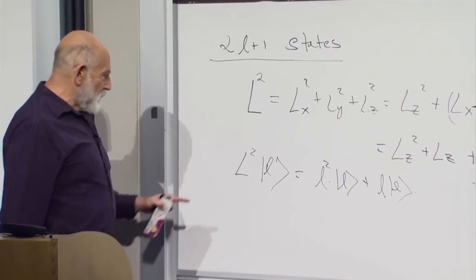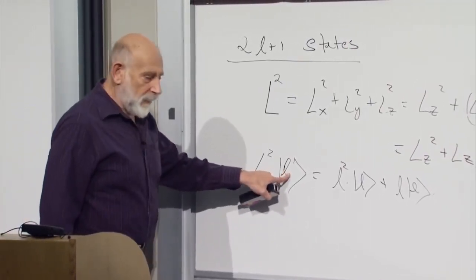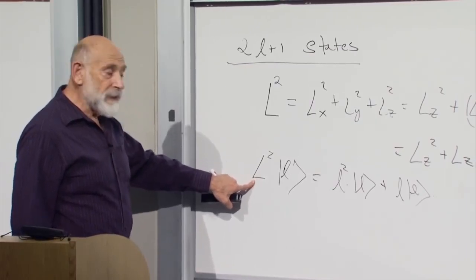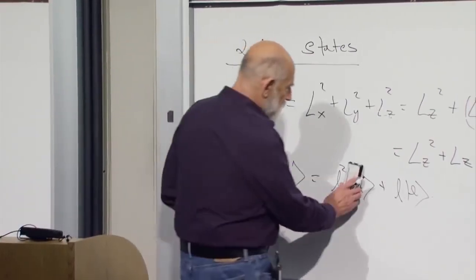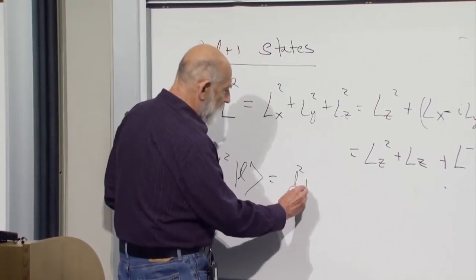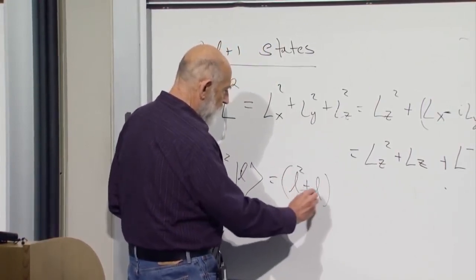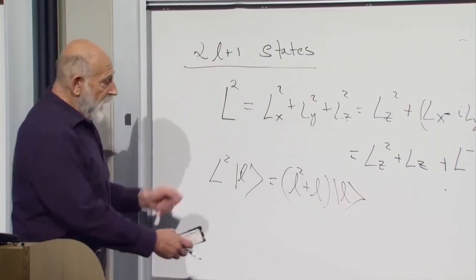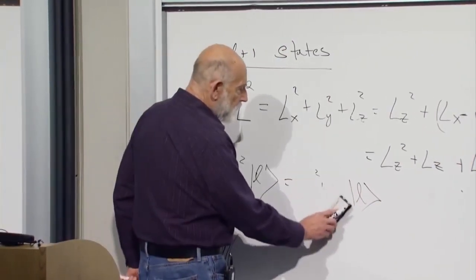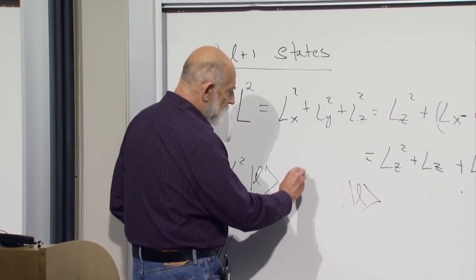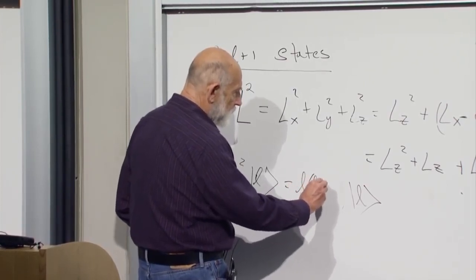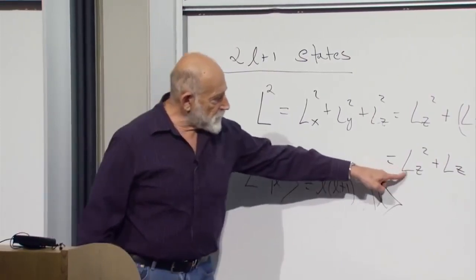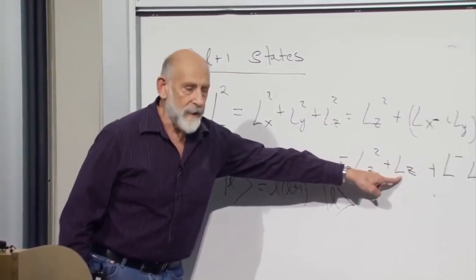And now we've learned something: this state L is an eigenvector of the square of the angular momentum. Let's write it down. L squared plus L times L, or better yet, L times L plus 1. Just to remind you where it came from, an L squared came from here, and an L came from here.